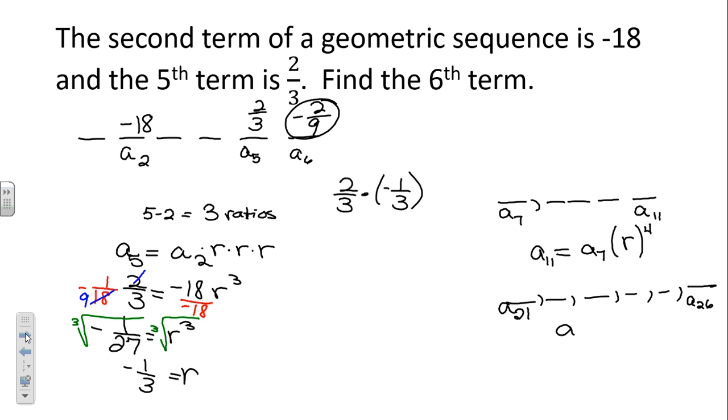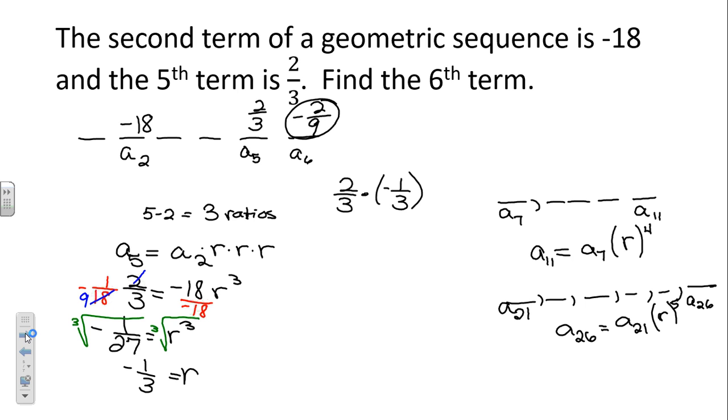A sub 26 is equal to the 5th, exactly. Okay, and then we can figure out what our ratio is. Okay, questions on this example, this topic?